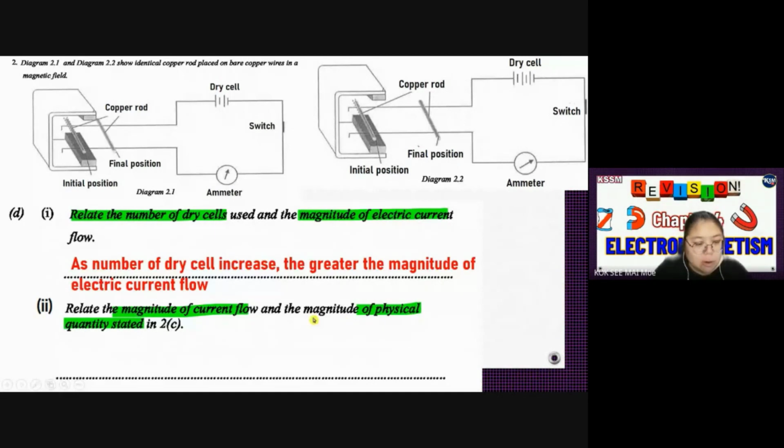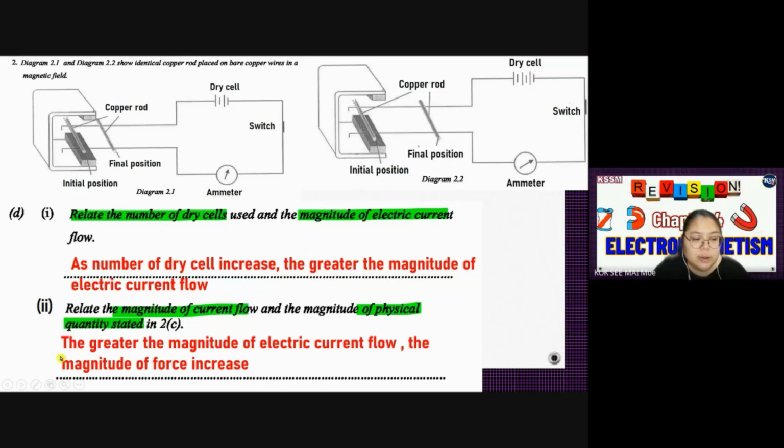So we mention the current first. Don't say magnitude of the physical quantity, state it as force. We straightforwardly say force already. So the magnitude of the force also increases. The greater the magnitude of the electric current flow, the greater the magnitude of the force.